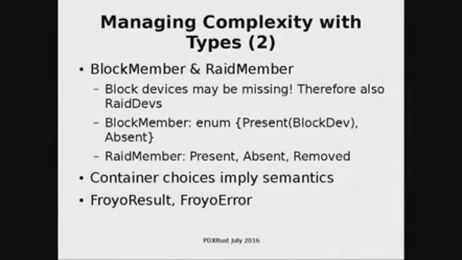In this case, it's Froyo result, and you write a couple of methods that enable all those different library error types to convert to your result type, and that enables you to use try pretty seamlessly across your code base and fit all the different heterogeneous error types into your framework.